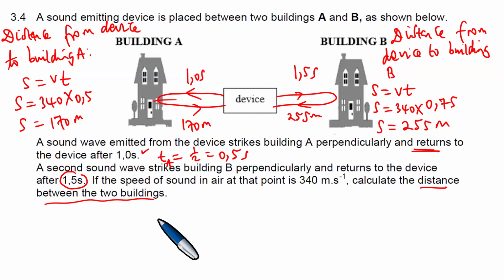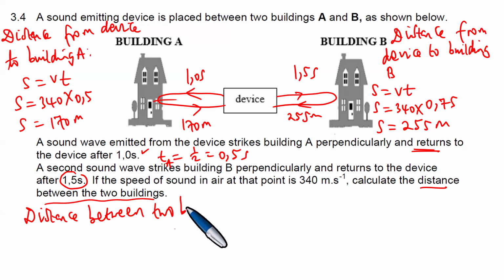Okay, and then you say distance between two buildings. The distance then is 255 plus 170.